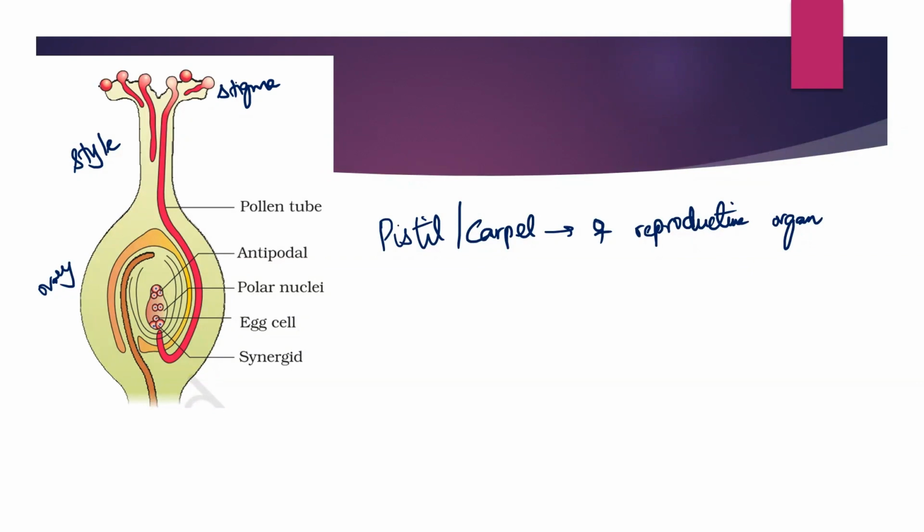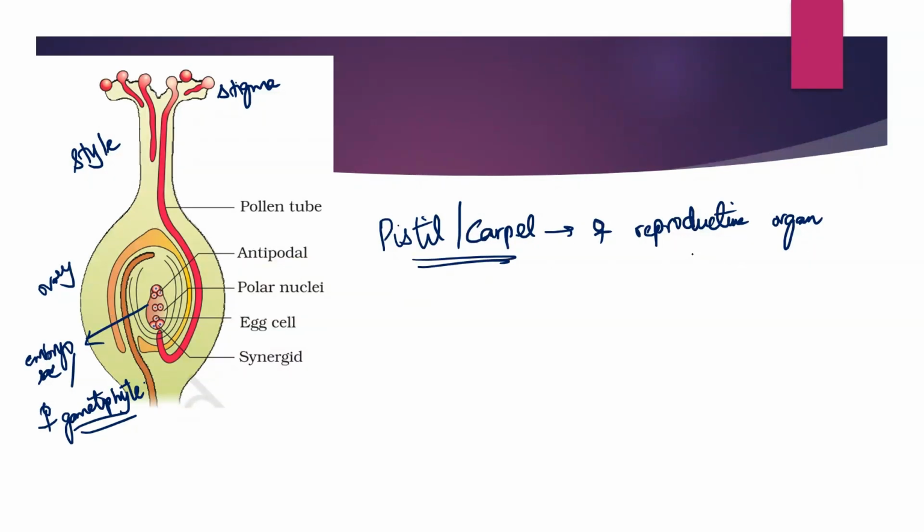When a compatible pollen grain falls onto the stigma, the pollen tube is formed. This pollen tube elongates and reaches the egg cell present inside the embryo sac. This is the embryo sac. Embryo sac is also called the female gametophyte. It develops inside the ovary. Let us look into the structure of this female gametophyte in detail in the next slide.